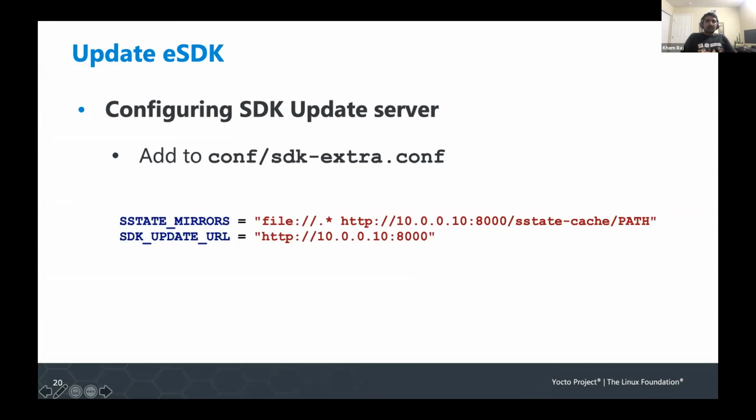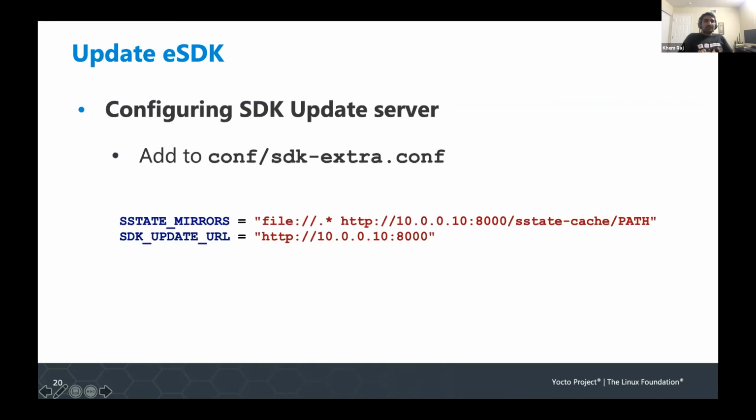One aspect is that once you install the SDK, you can get your job done, delete it and forget it, and then install a new version next time you work on the same device. The other option is to keep it around and use the update mechanism. To set that up, you can create an sdkextra.conf in your builder, which is building the SDK and publishing it.